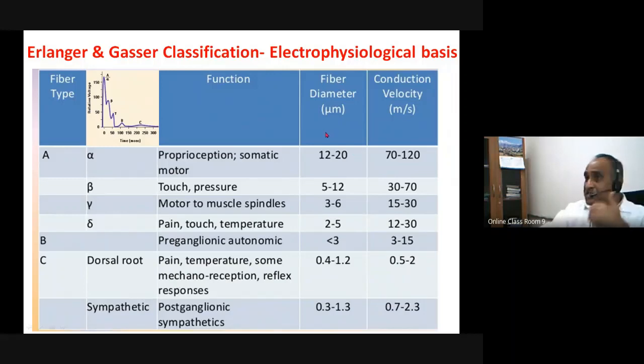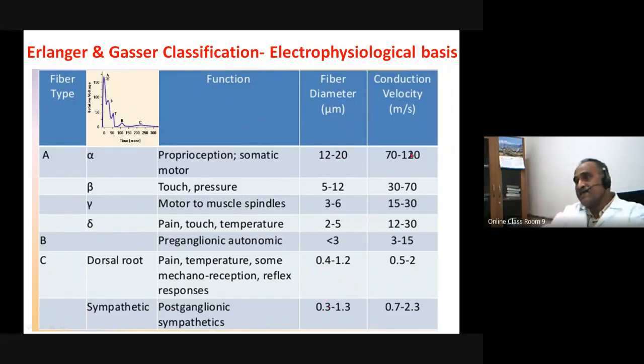So that is for easy remembrance, for our understanding. Suppose this is 20 diameter, that is the maximum, that is alpha, beta is around 10 micrometers, 5, 2.5, and the C fibers between 1 and 2, or maybe I will just say 1 micron. So that is the fiber diameter of the things.